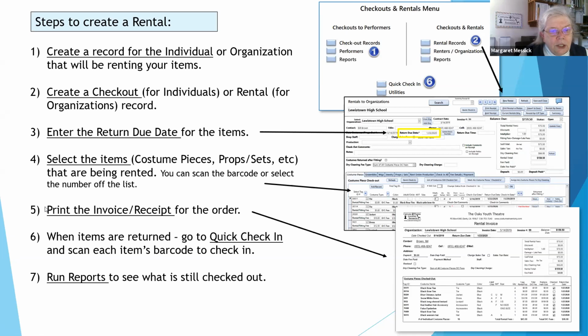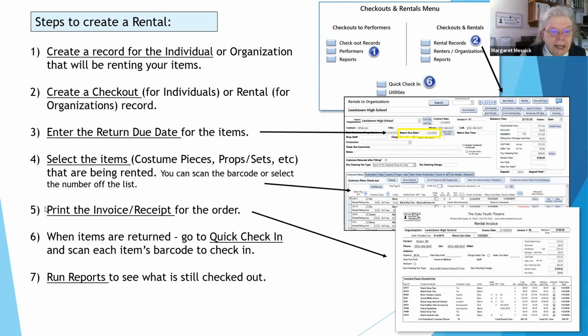Yes, that's a good question. What a lot of people do, if it's something they rent for maybe a few weeks or a month, something that's going to be in your theater for a while, is go ahead and create a costume piece record in the costume piece form, and give it a sequential number that's completely out of their normal range, like 999001 or something like that.